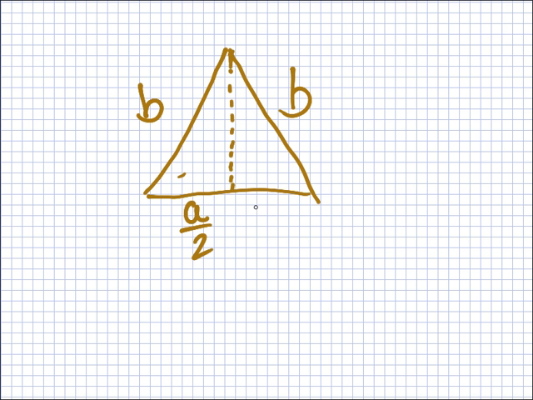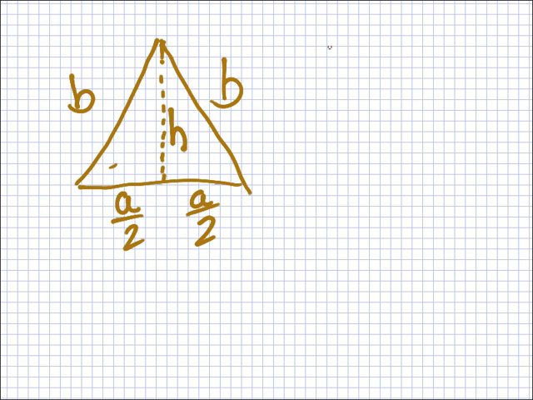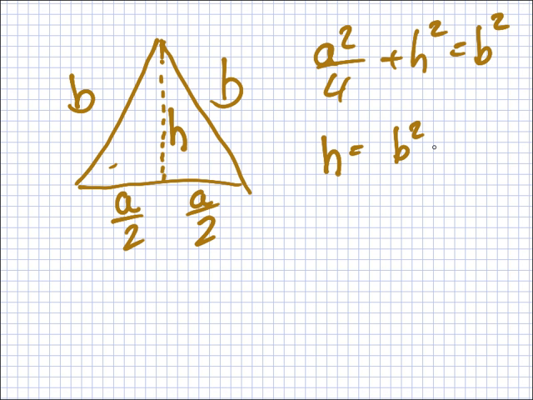A over 2, A over 2, and this is the height h. From Pythagoras, we know that a squared over 4 plus h squared equals b squared. So h will equal the square root of b squared minus a squared over 4.